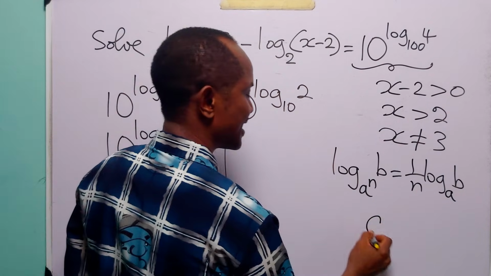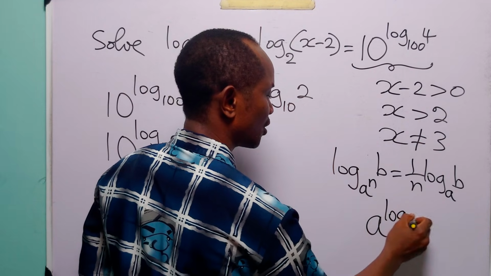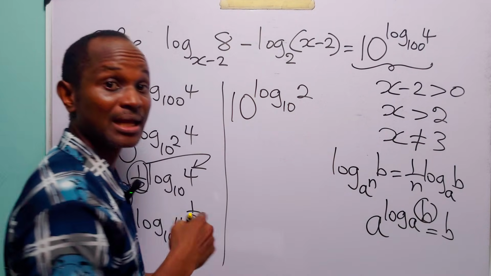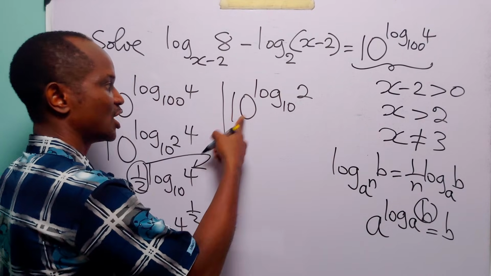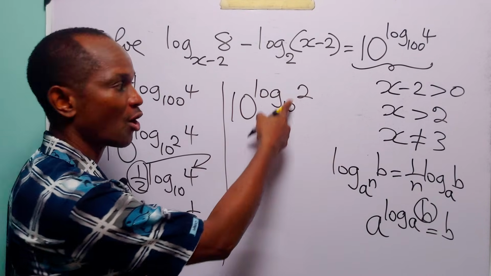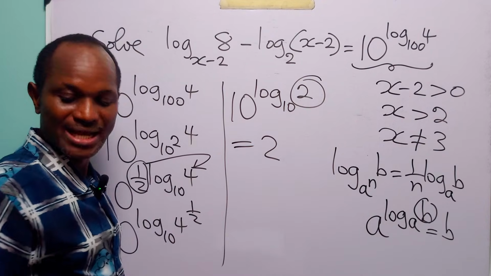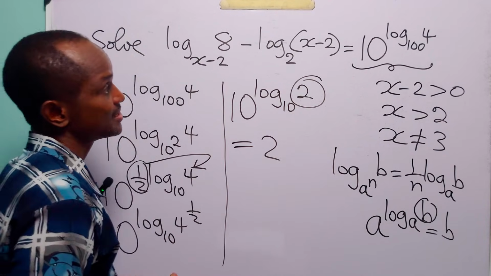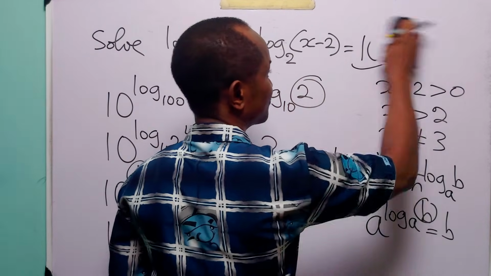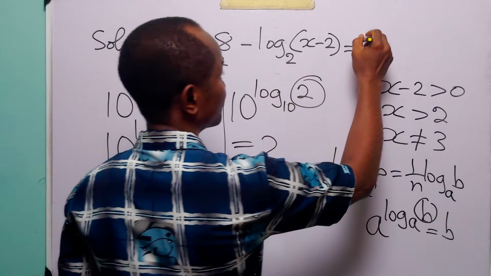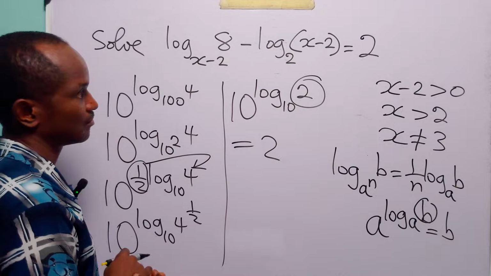Now, remember that a to the power log to base a of b is equal to b. That simply means that 10 to the power log to base 10 of 2 is equal to 2. So we can comfortably replace this with 2.